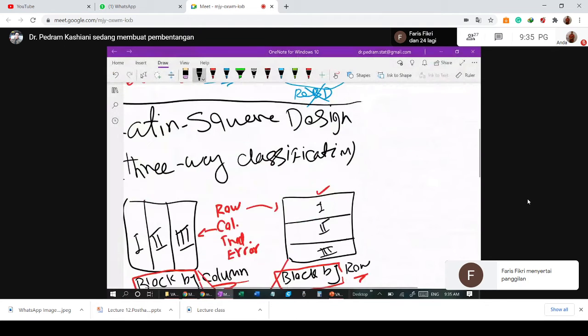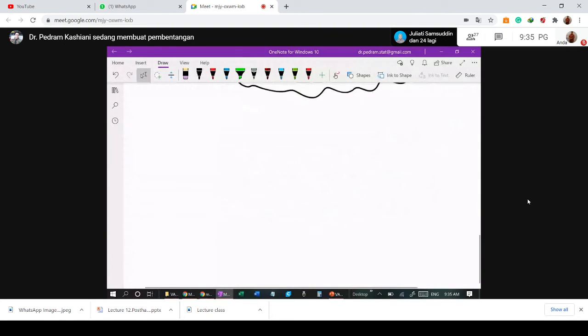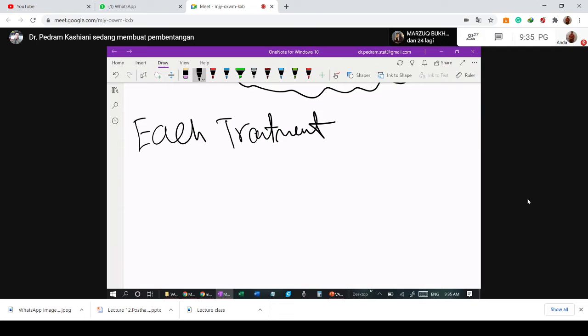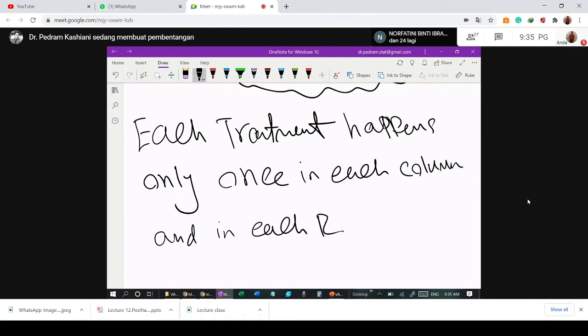So here also the rule is applicable, meaning each treatment happens only once in each column and in each row.